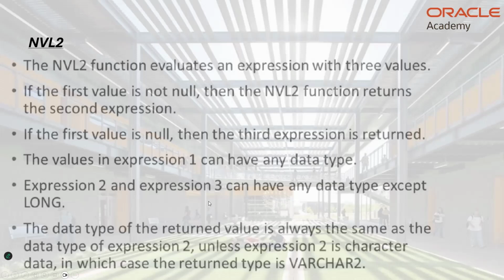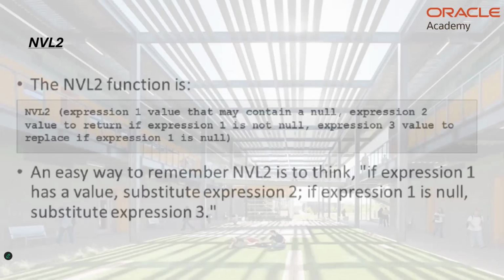Expression 2 and expression 3 can have any data type except long, and long is a type we're not going to deal with, so don't worry about that. The return data type is always the same as the data type of expression 2, unless expression 2 is character data, in which case the return type is varchar. So generally, just keep the data types similar.